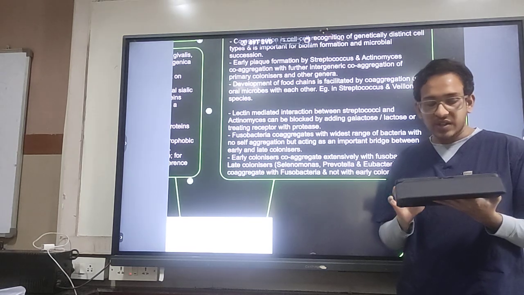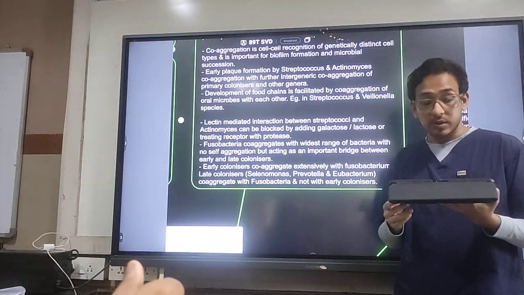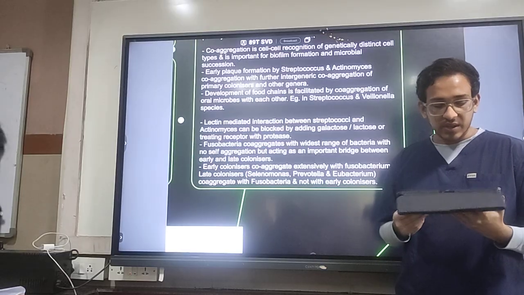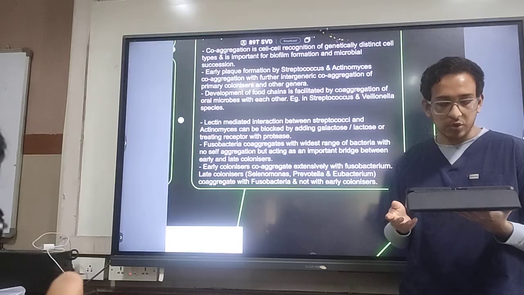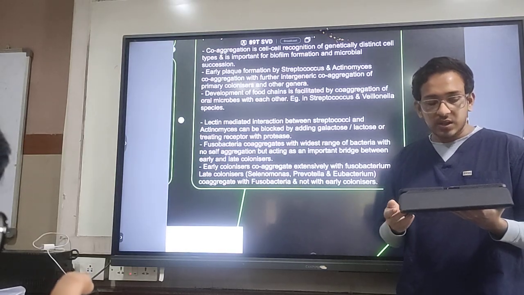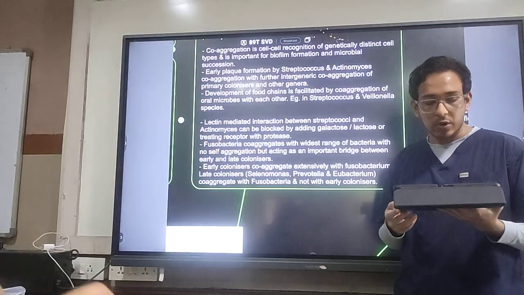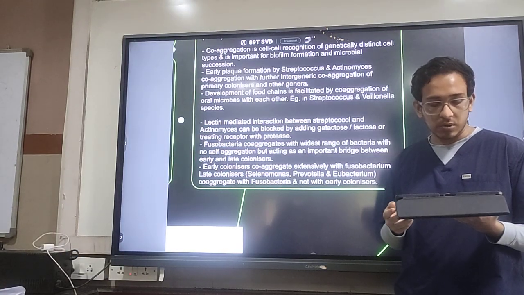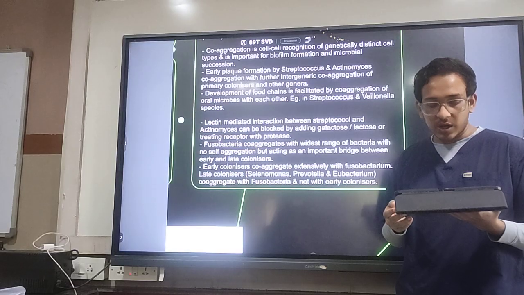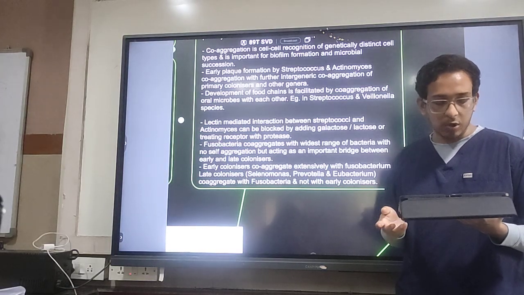Lectin mediated interactions between streptococci and Actinomyces can be blocked by adding galactose or lactose or treating the receptor with protease. Fusobacteria co-aggregate with the widest range of bacteria, with no self-aggregation, but act as an important bridge between early and late colonizers.